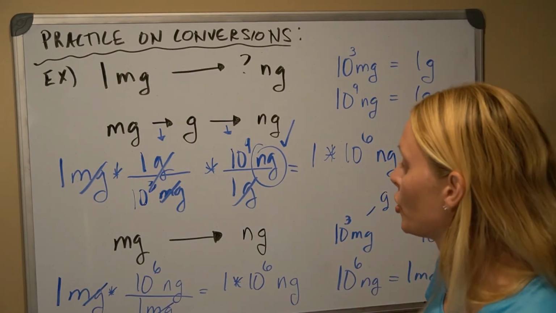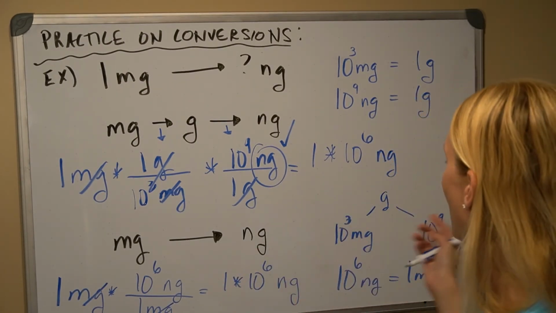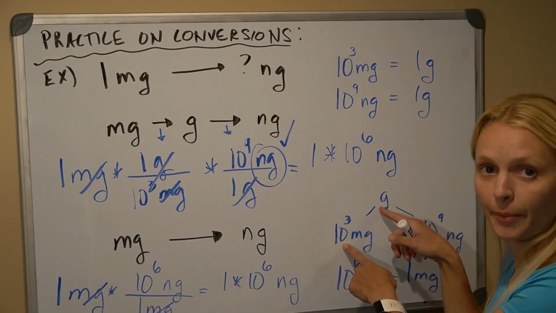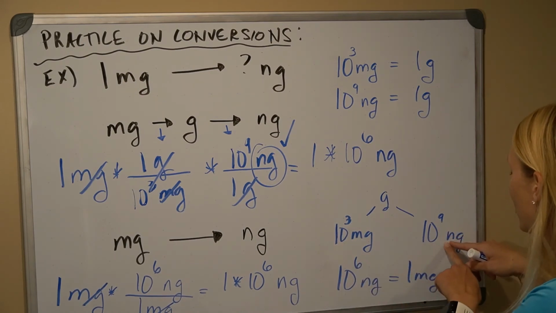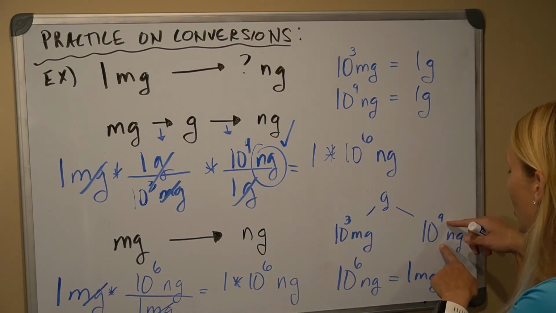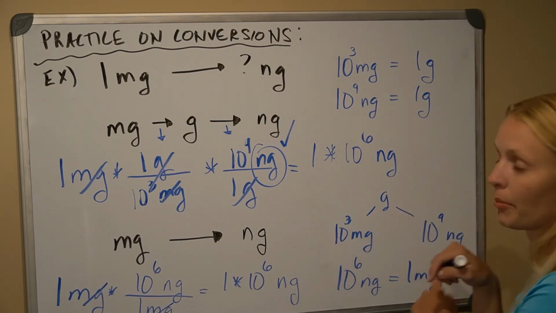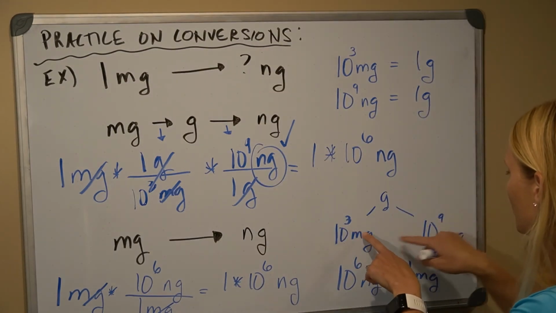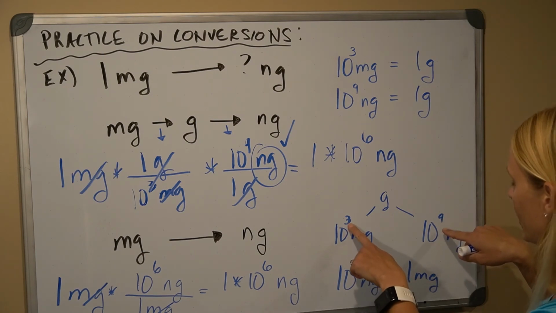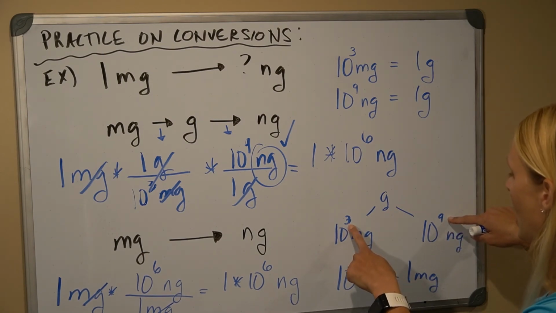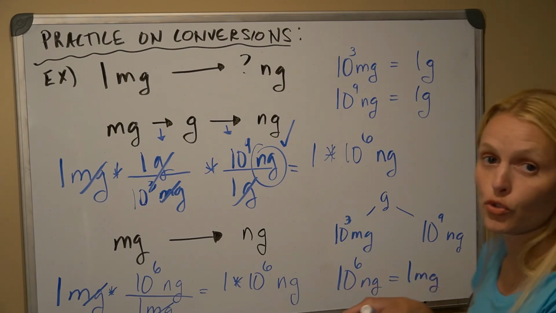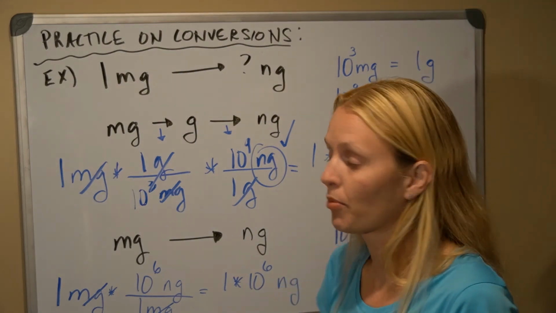All right, the other way that we can do it is we can say, oh, okay, I know that a milligram is 1,000 compared to a gram, and I know that a nanogram is a billion, 10 to the ninth, compared to a gram, right? And so I just need the factor difference between 10 to the 3 and 10 to the ninth, and that's what's going to be the difference between my conversion between the two nanogram and milligram prefixes.